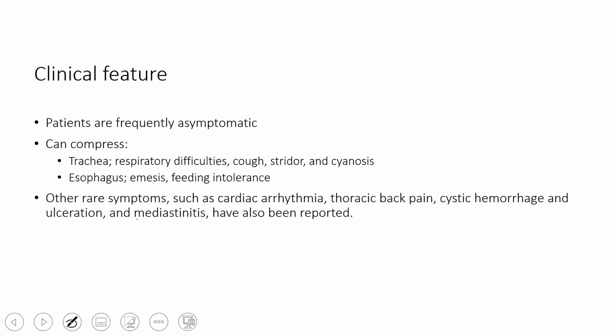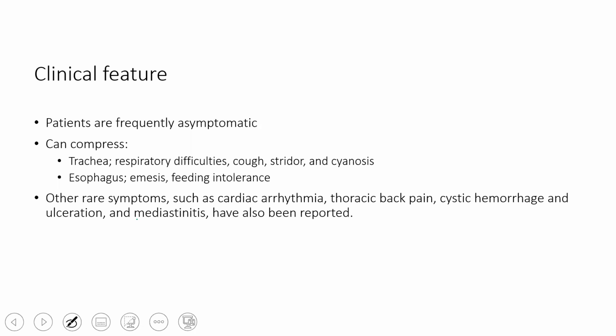The majority of the time, it is early asymptomatic. Later on, the same as we said with duplication, it can compress the trachea, causing cough, stridor, cyanosis, respiratory difficulties. If it compresses the esophagus in the back or on the side, they might present with emesis or feeding intolerance.